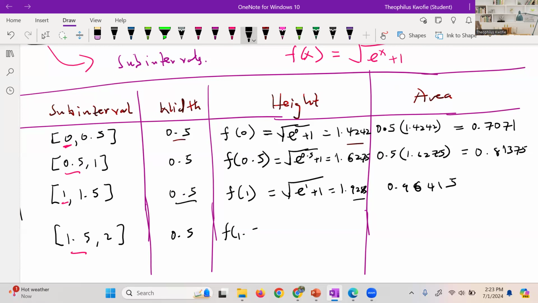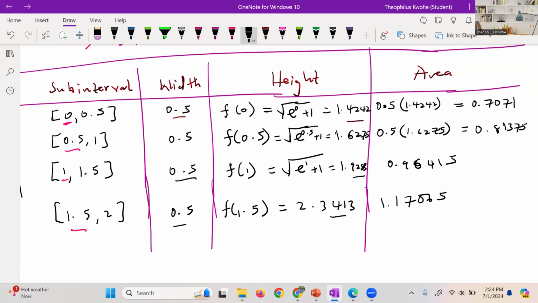Then we plug this value into the integrand, and that should give us 2.3413. And when we multiply the width and the height, we should have 1.17065.